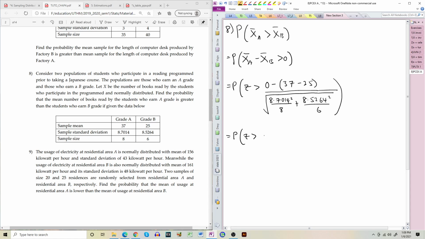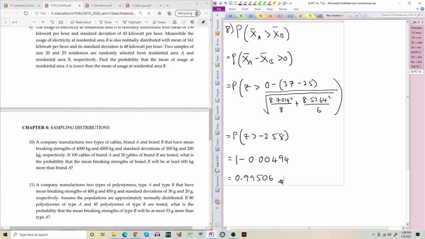You will get negative 2.58 and your answer is 1 minus 0.00494, 0.99506. That is the answer for 8.